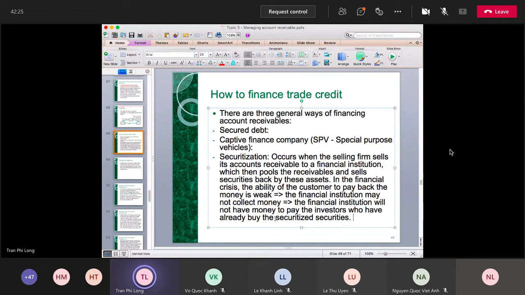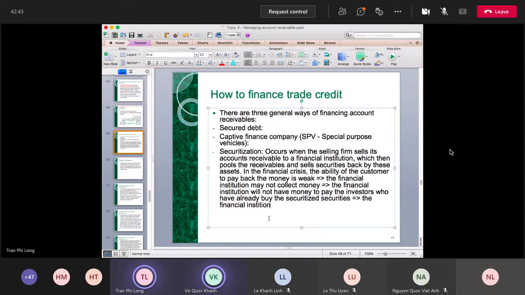Do you understand? So what does it mean? It means the financial institution will face the risk of bankruptcy. That happens in a financial crisis.